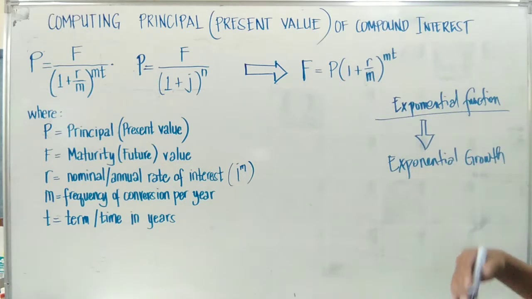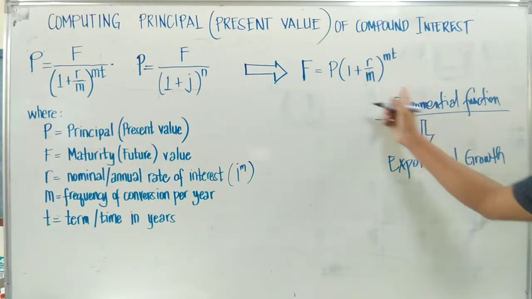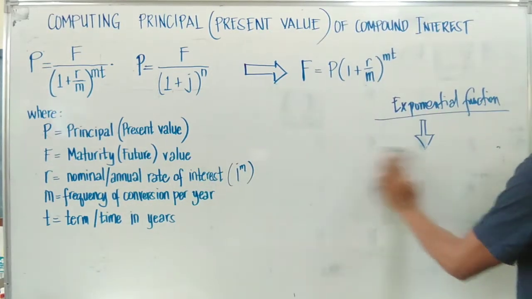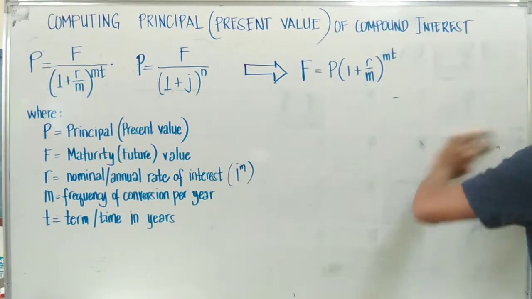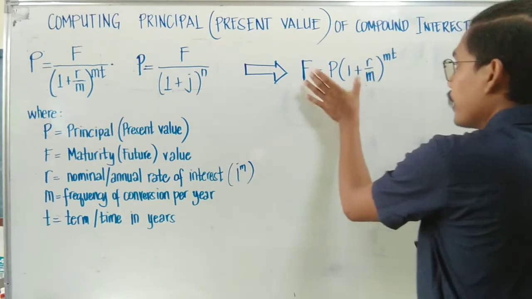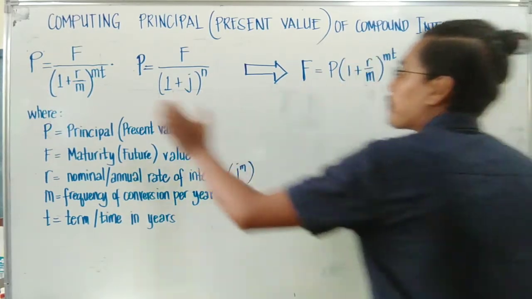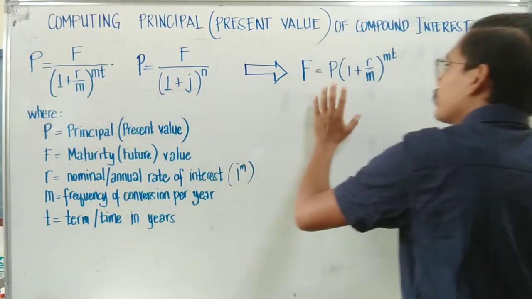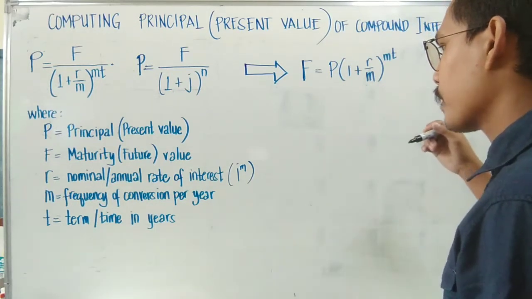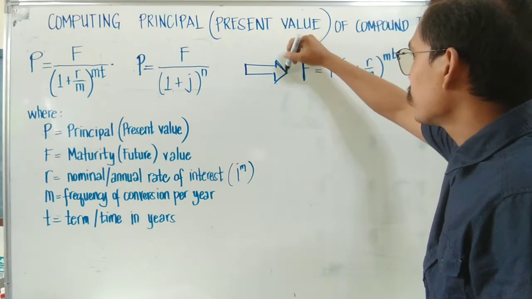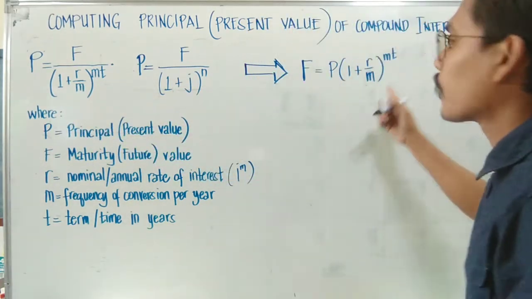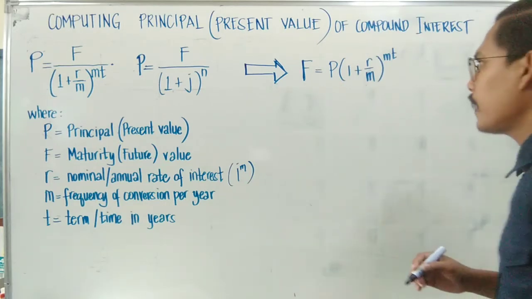Again, on my other videos, I have examples of these things. So we will be deriving this one, or to be simple, the formula of your principal is derived from the formula of your future or maturity value.